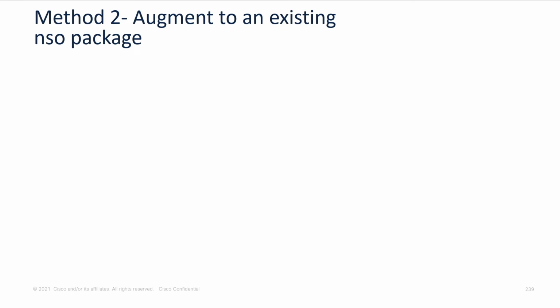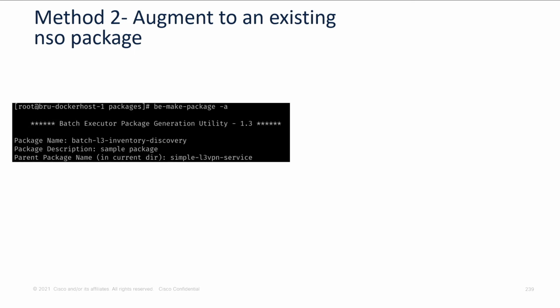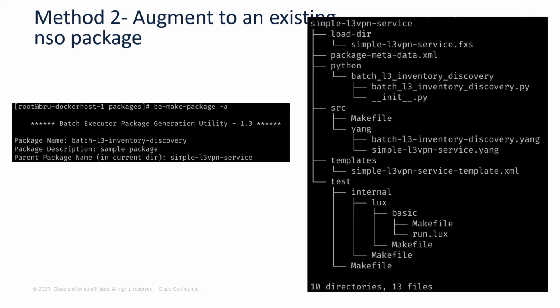Method 2 might be augmenting an existing NSO package. For example, the earlier example that I was showing, the simple L3 VPN service.